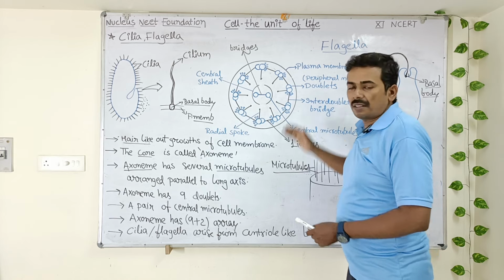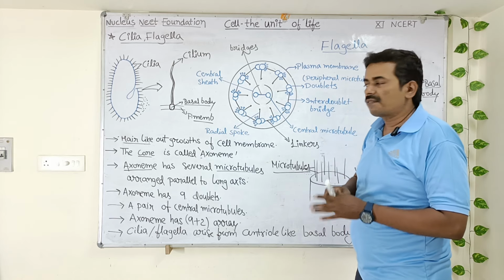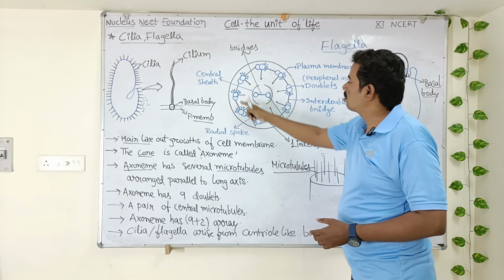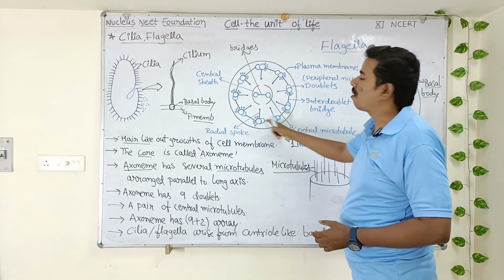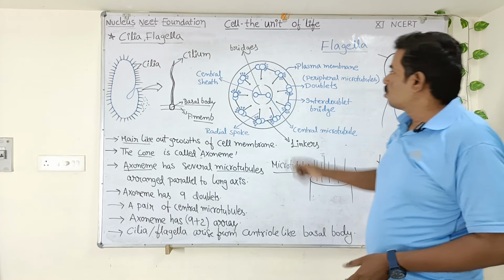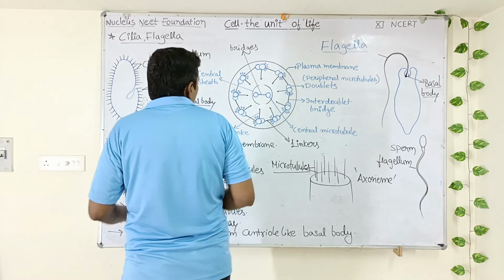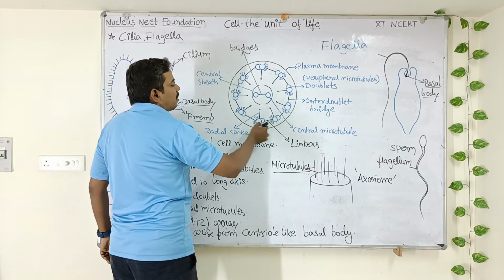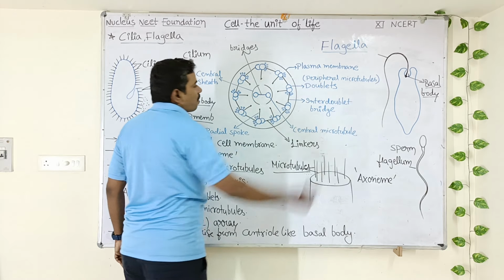The central core is called the axoneme. In the section, the structure is covered by a thin membrane called the plasma membrane.